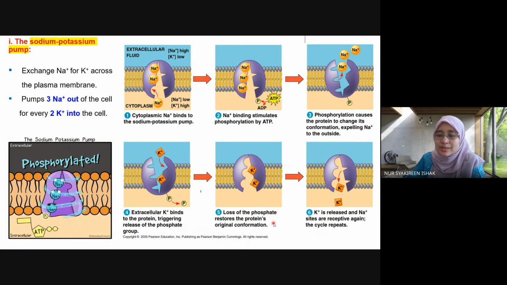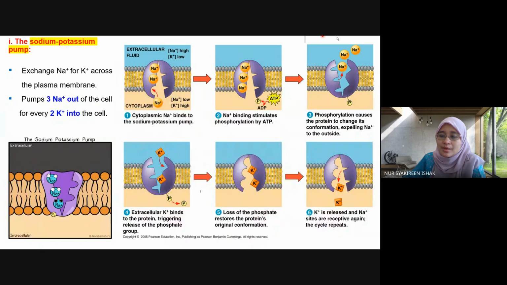Changes to its original shape. So when the pump changes back to its original shape, potassium will enter into the cell. I give you 2 minutes for you to digest the process. If you have questions, please ask. 2 minutes.